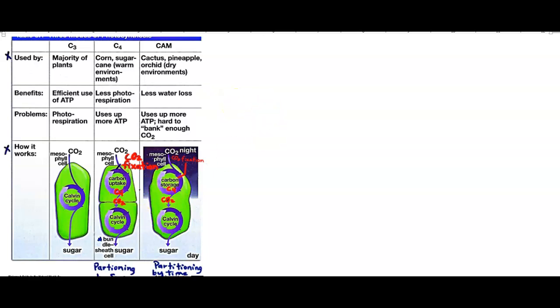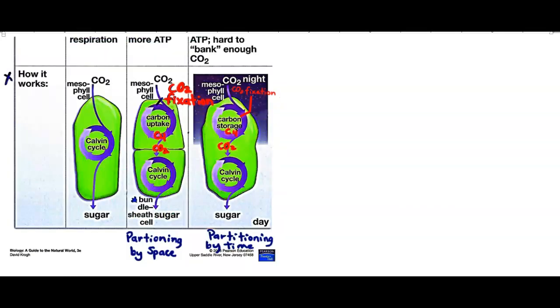We're focusing right now on how it works. Carbon dioxide goes directly into the Calvin cycle in the mesophyll, mostly in the palisade, which has more than 80% of the chloroplasts, and some in the spongy layer.